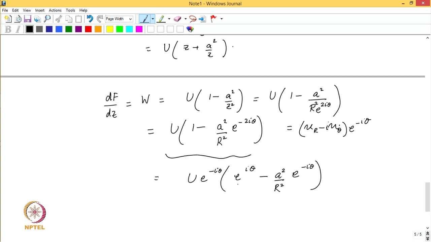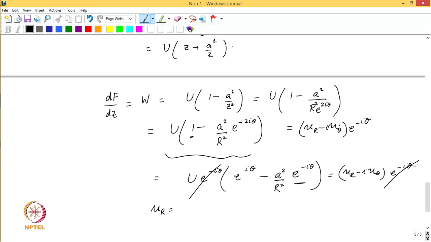So, you get e to the power i theta in place of 1 here. Now it is easy to compare and separate out some terms. So, this cancels. Clearly u_r would be, remember, e to the power i theta minus a square by r square e to the power minus i theta, which will give me cosine theta plus i sine theta, and this will give me cosine theta minus i sine theta.